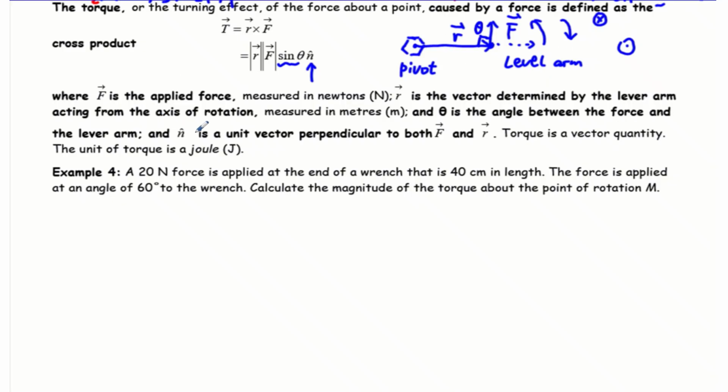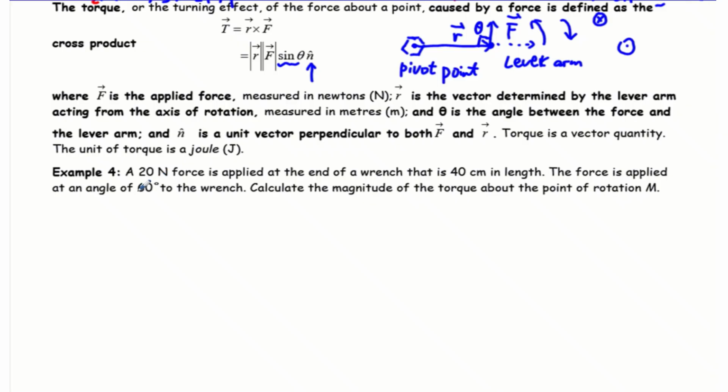So F is the applied force, and R is the vector determined by the lever arm, acting from the axis of rotation, the pivot point. Theta is the angle between the force and the lever arm. The n is a unit vector perpendicular to both force and R. Torque is a vector quantity, the unit is the joule.